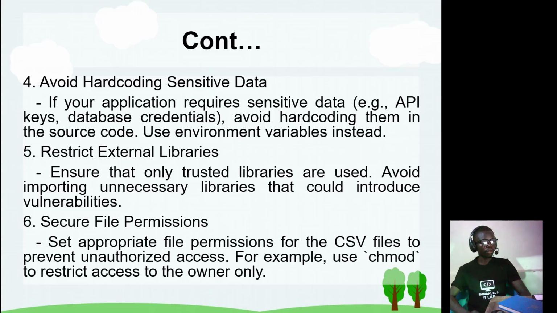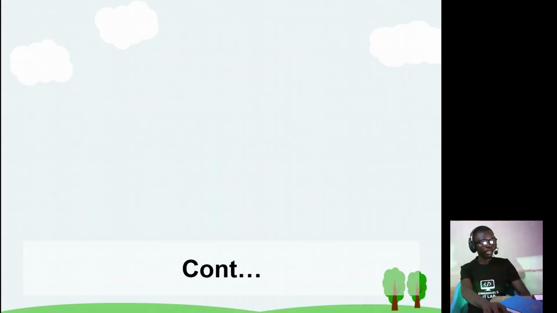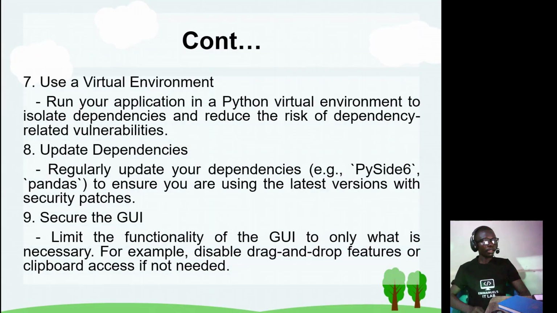Ensure file permissions are secure. Set appropriate file permissions for CSV files such that there is no unauthorized access. Then also use virtual environments. Run your Python in a Python virtual environment to isolate dependencies and reduce risk of dependency related vulnerabilities.